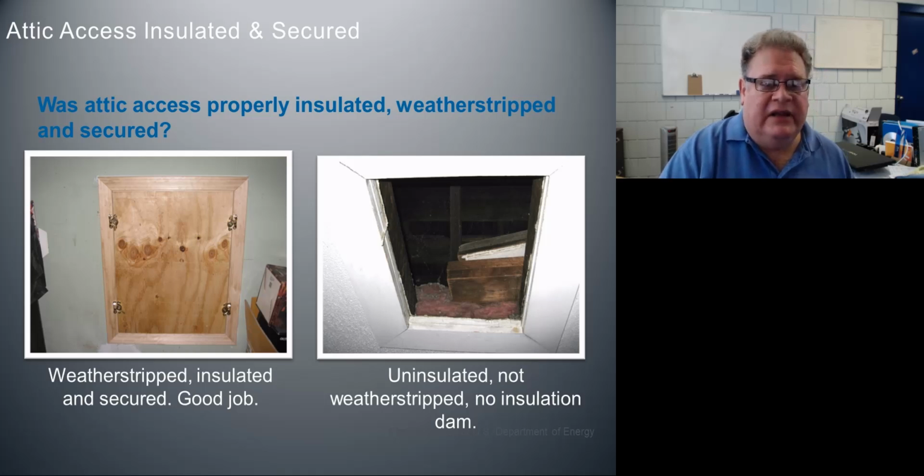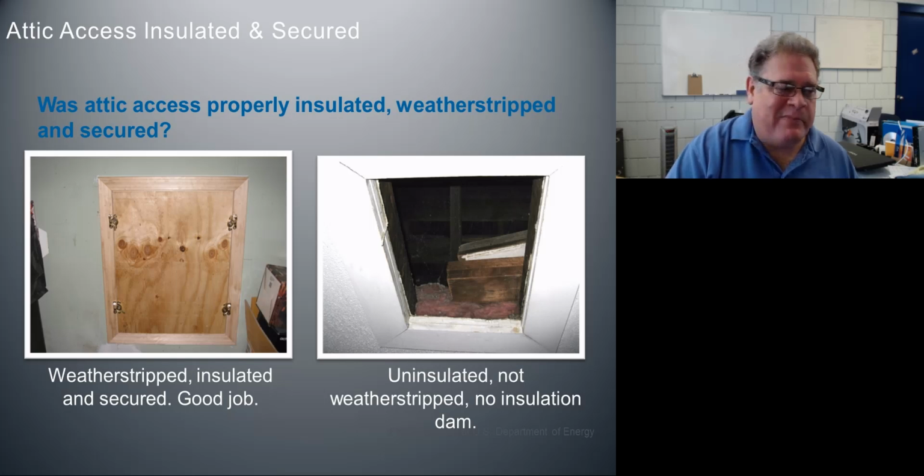All right, here on the left we have a weather stripped, insulated, and secured attic hatch. Now we're assuming the insulation is there, but they're telling us there. On the right, it's uninsulated, it's not weather stripped, there's no insulation dam. Okay, so these are things that we need to look at and consider as we judge whether or not we have good work here.